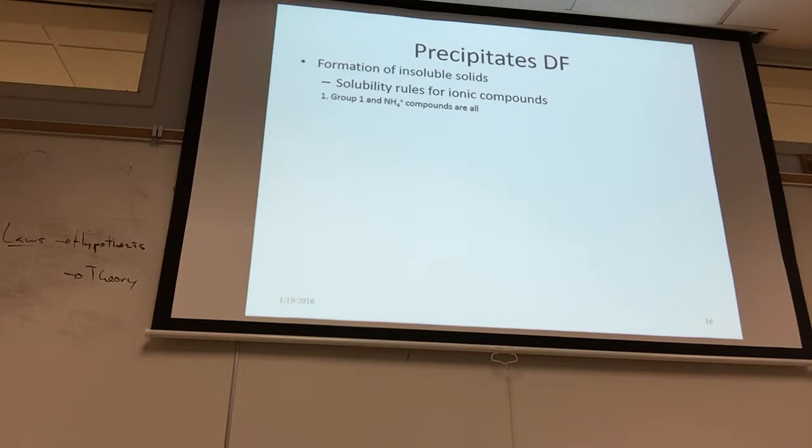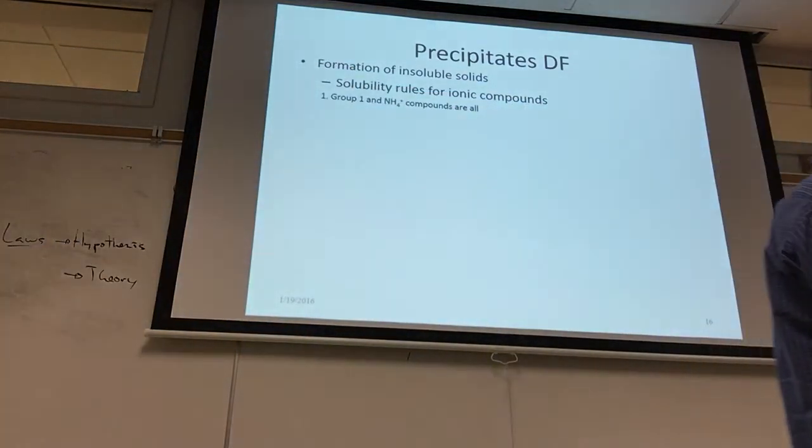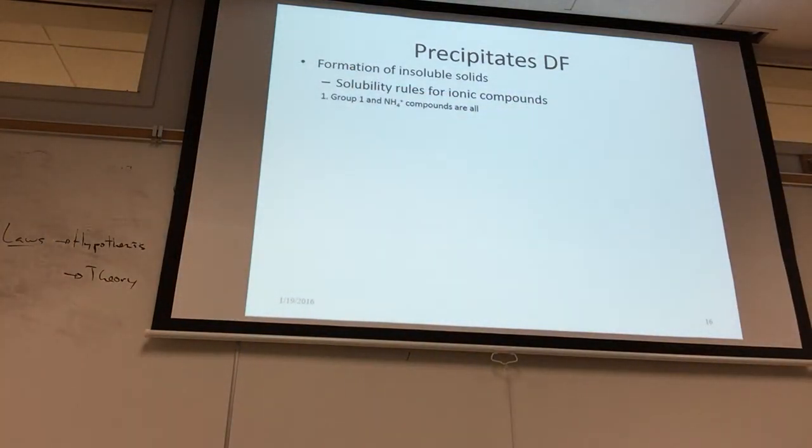Do you guys remember bonding theories? What two bonding theories did you learn in Chem 1A? Valence bond and molecular orbital. We're going to be looking at that in more detail too, to help us understand these things. Because when we do that, the silver chloride exception is much more understandable.